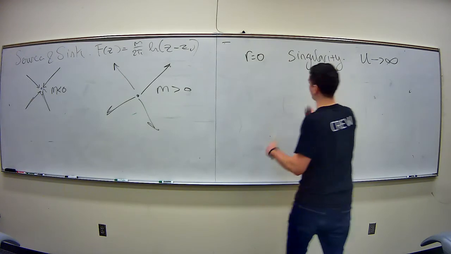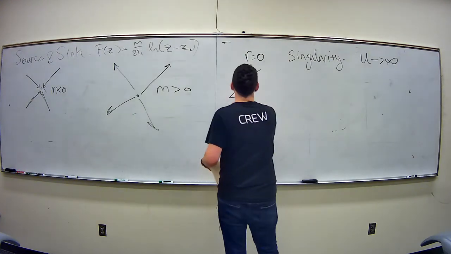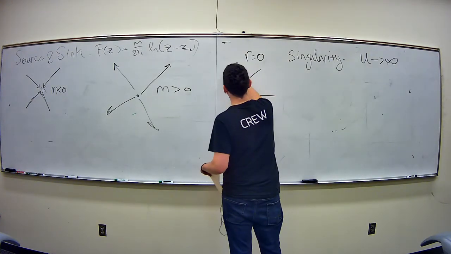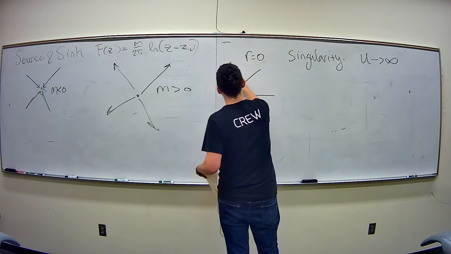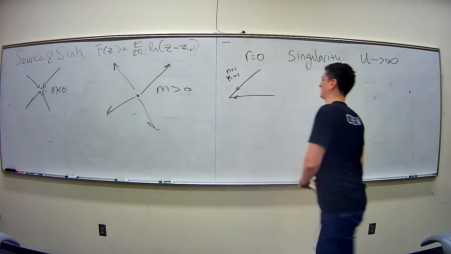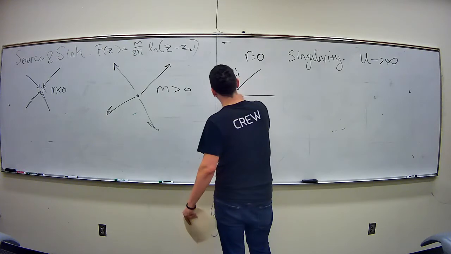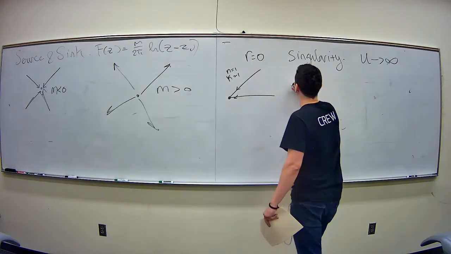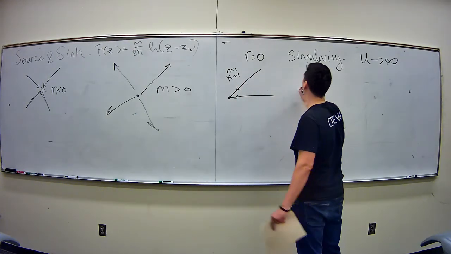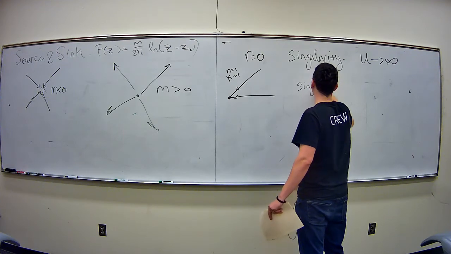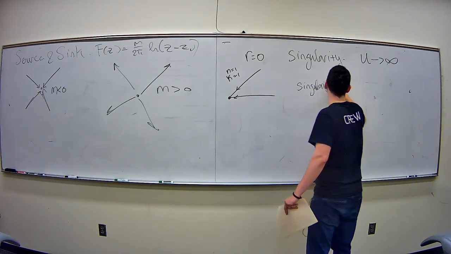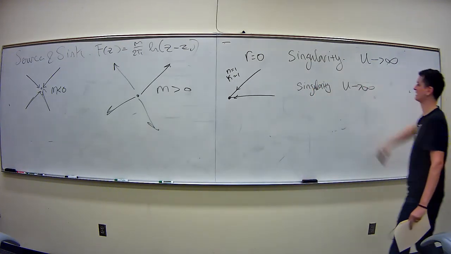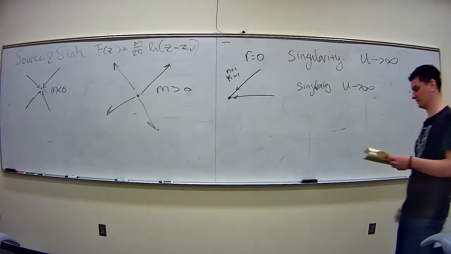The same case for my corner, even in this case where I had this situation right here, even at this point, right? Still got a singularity in these types of flows.